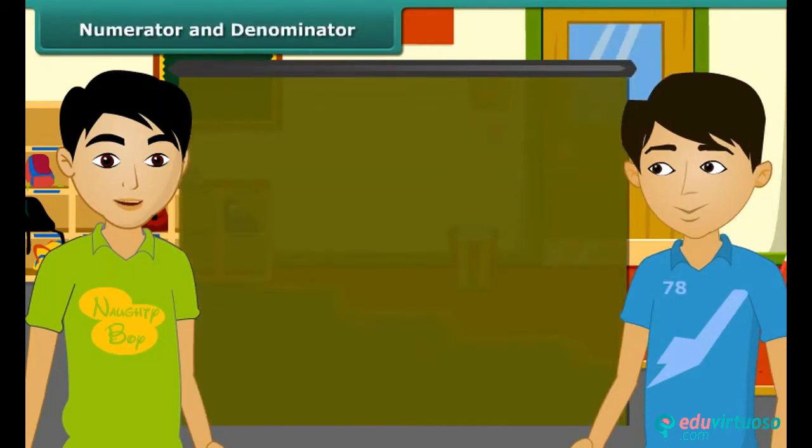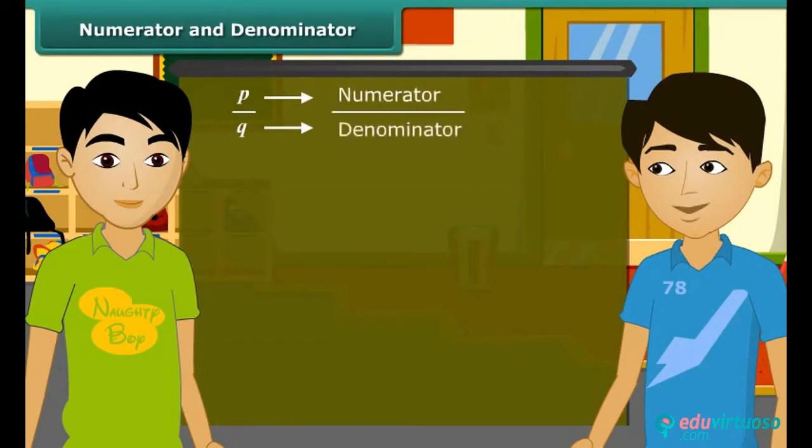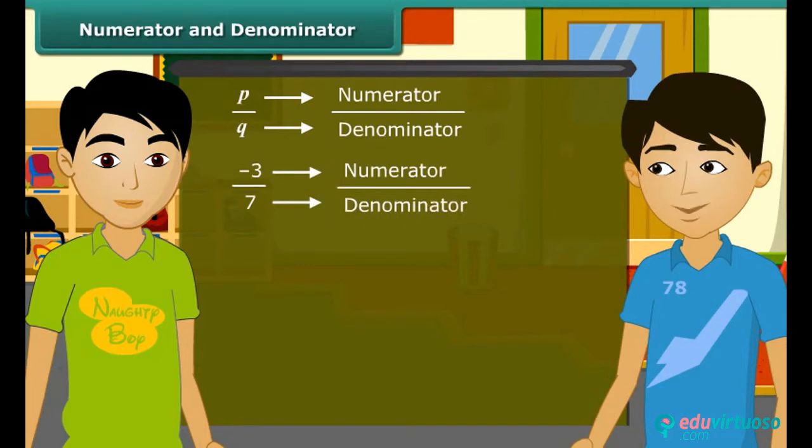Do you know what is numerator and what is denominator? In rational number p/q, p is the numerator and q is the denominator. For example, in -3/7, the numerator is -3 and the denominator is 7.